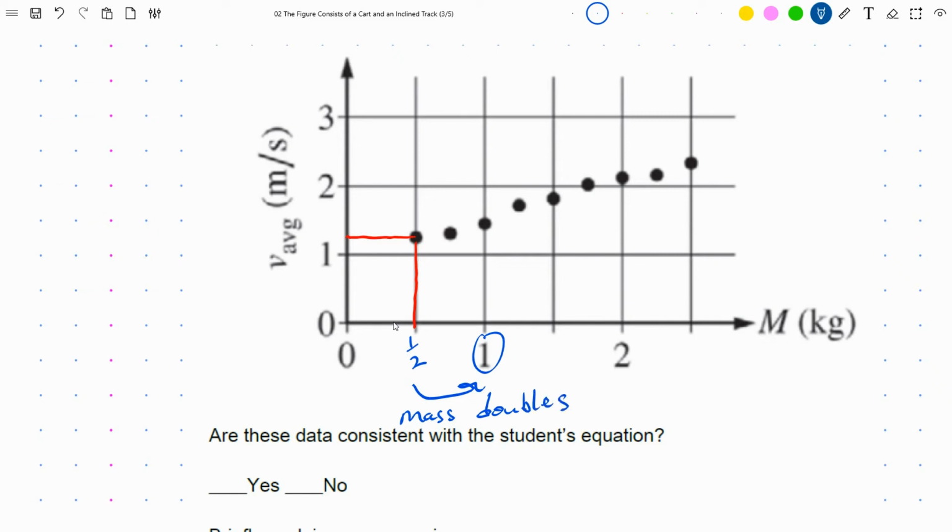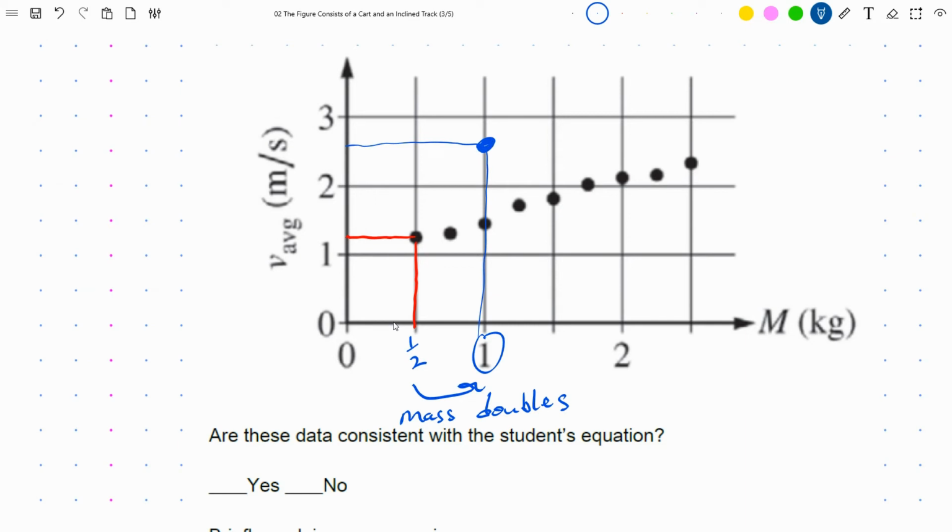So if that student's equation is correct, then we would predict that the velocity should also double, a factor of 2. So if the velocity in that first trial was 1.2 or 1.3, then doubling the mass should give me an average velocity of about here.